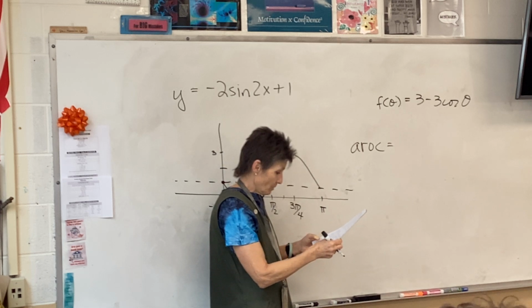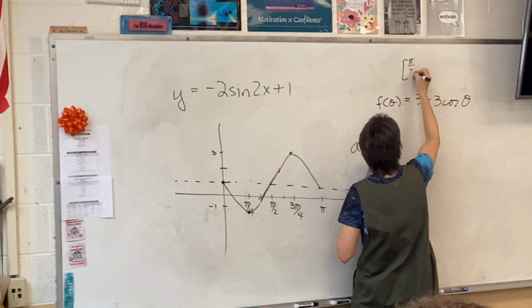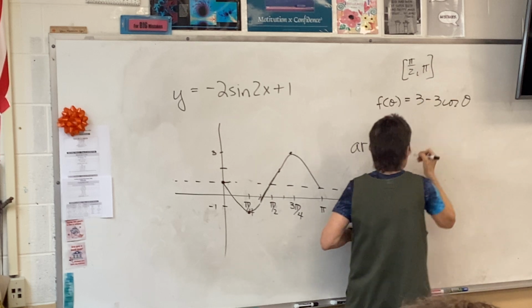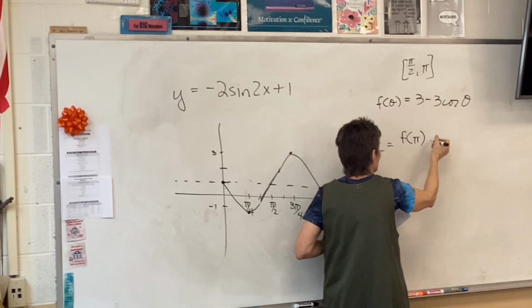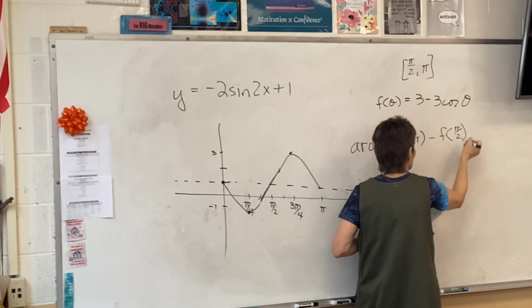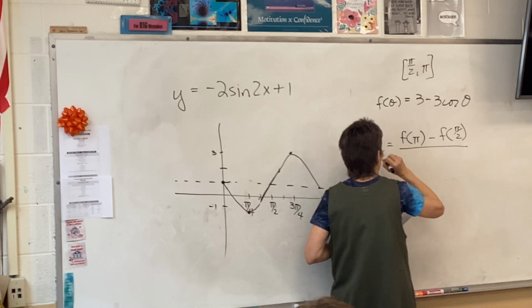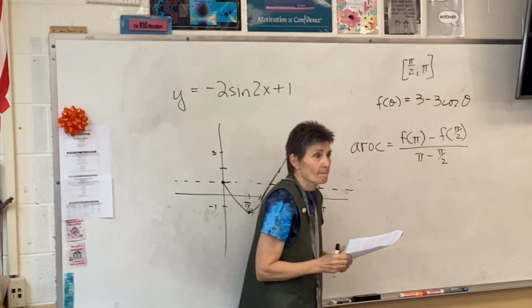Our interval is from pi over 2 to pi. So it will be f of pi minus f of pi over 2 divided by pi minus pi over 2. Remember that?